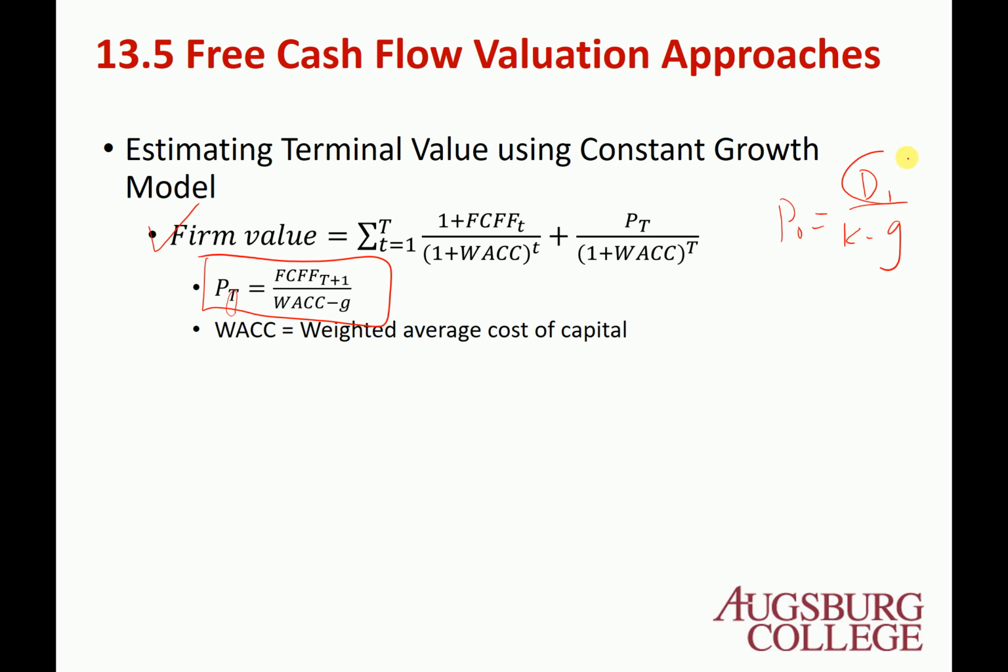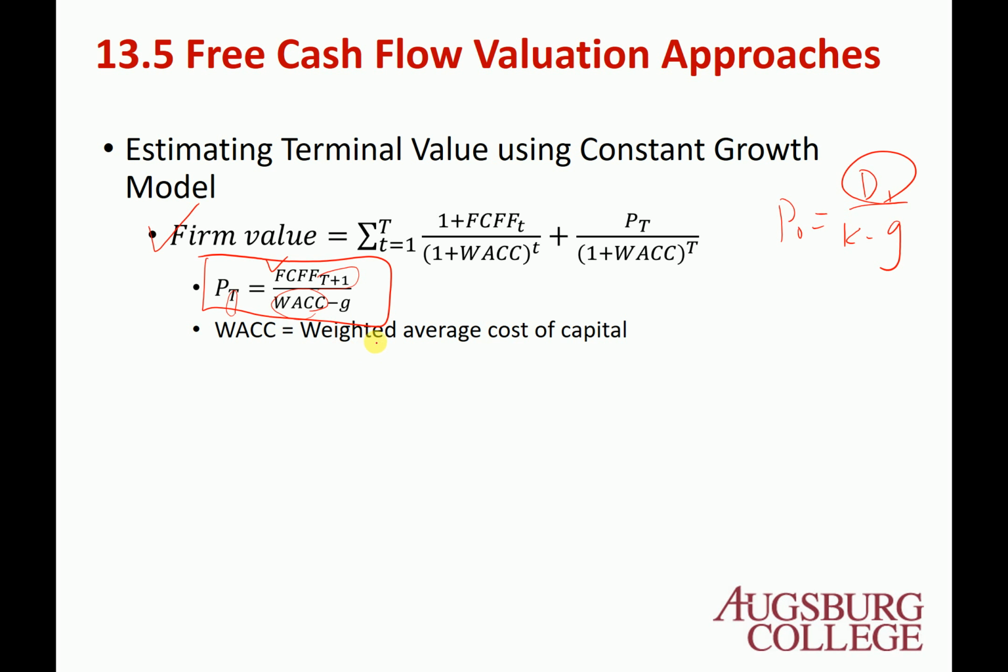Now, instead of using dividends, because the dividend may not be a very good proxy for the potential cash flow, the potential cash flow can be directly calculated by this free cash flow for the firm. We can compute the free cash flow for the firm next period divided by K, which should now be WACC.